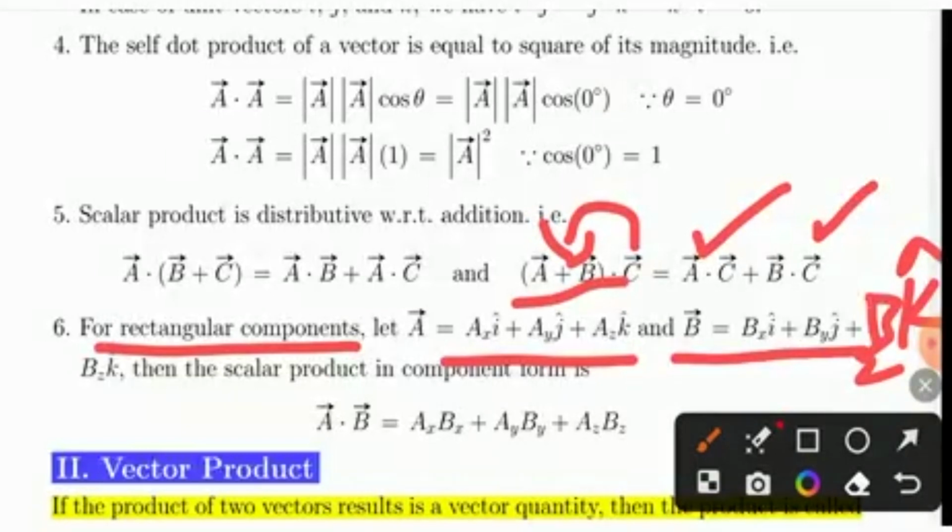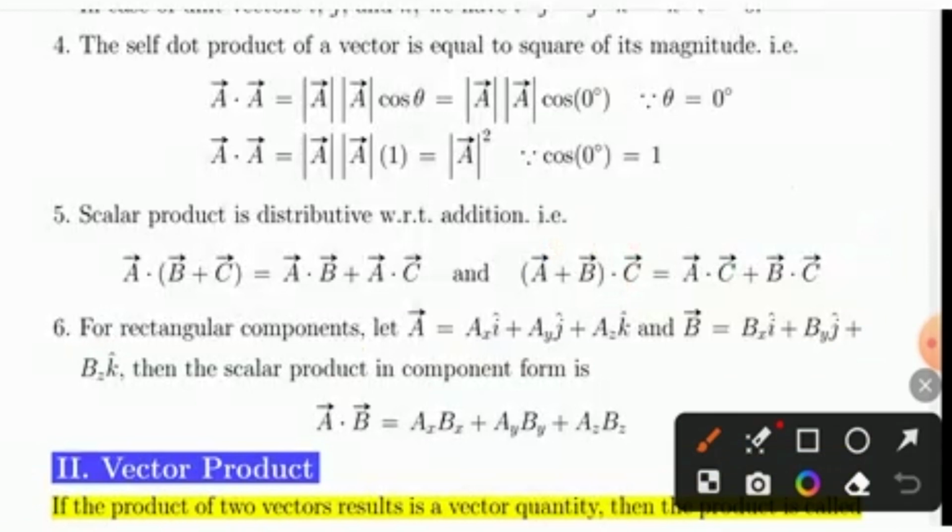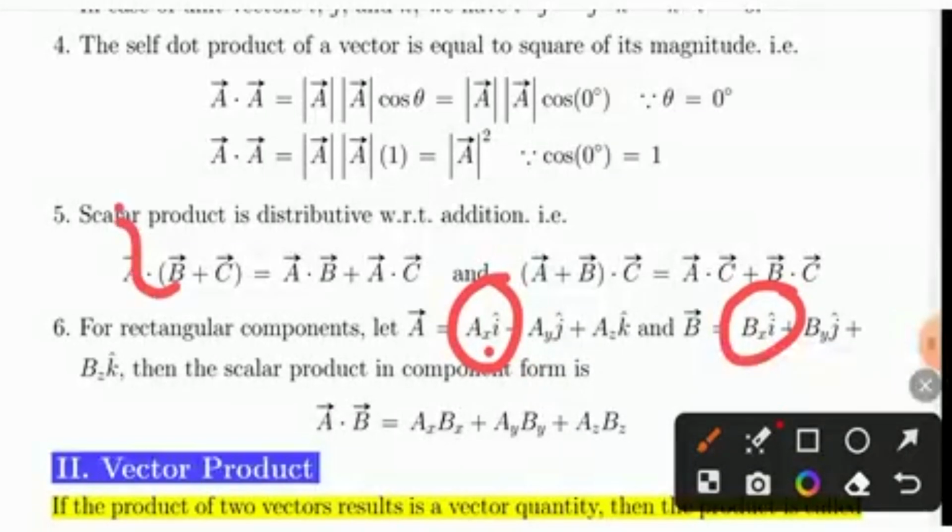So when we multiply these two vectors, A dot B, we can write it in this form. We know that if we multiply the component Ax with the unit vector i in the first vector and the component Bx with i in the second vector, these two components contain the i unit vector, and we know that i dot i is equal to 1, whereas the other products i dot j, j dot k, k dot i become equal to 0.